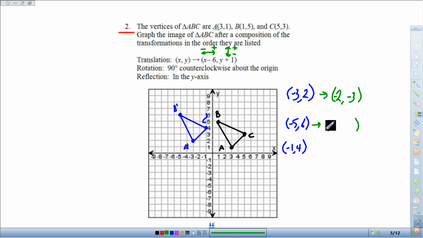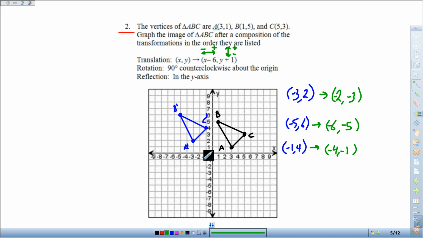So I'm going to flip-flop these. 6, negative 5. Y value is a positive 6, now it's a negative 6. Flip-flop these. 4, negative 1. Positive 4 turns into a negative 4. One thing I just feel the need to point out: all three of these y's happen to be positive, so they turn negative. But if any of them had been a negative, they would have turned positive. So just keep that in mind.